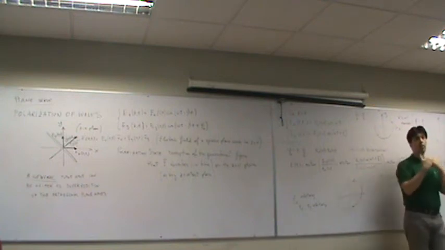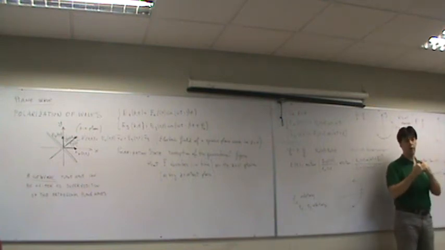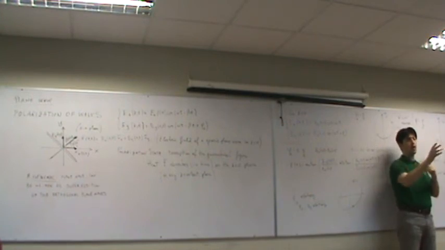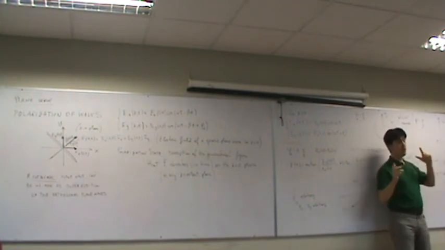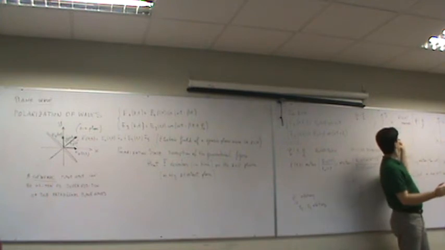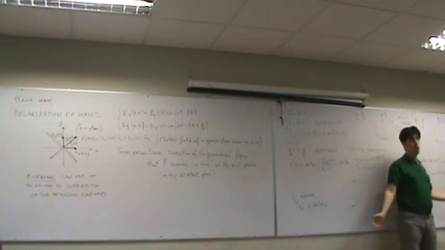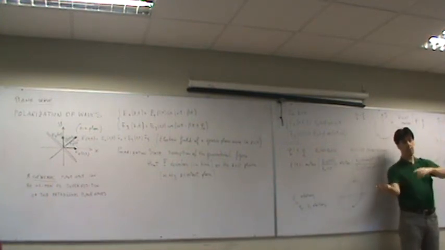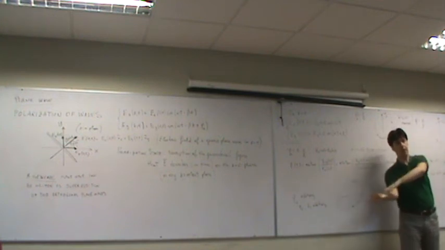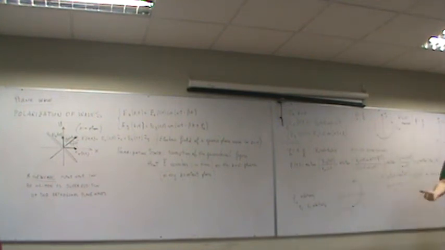So you are the electromagnetic wave, you are the electric field of the electromagnetic wave, propagating in this direction, and in this case I'm rotating from my left hand to my right hand. So this is right-handed.